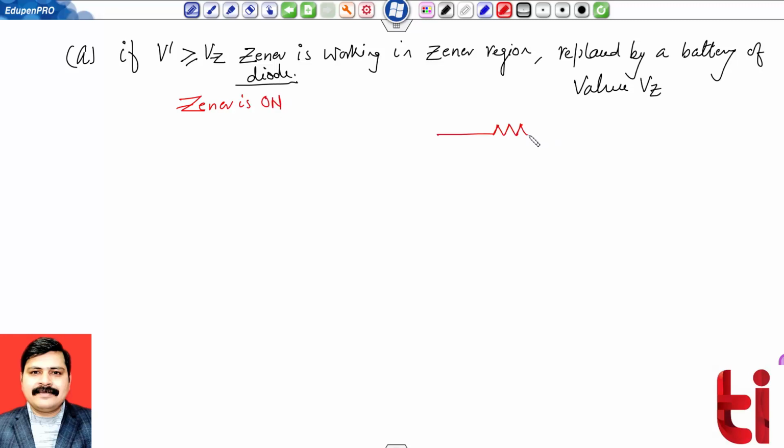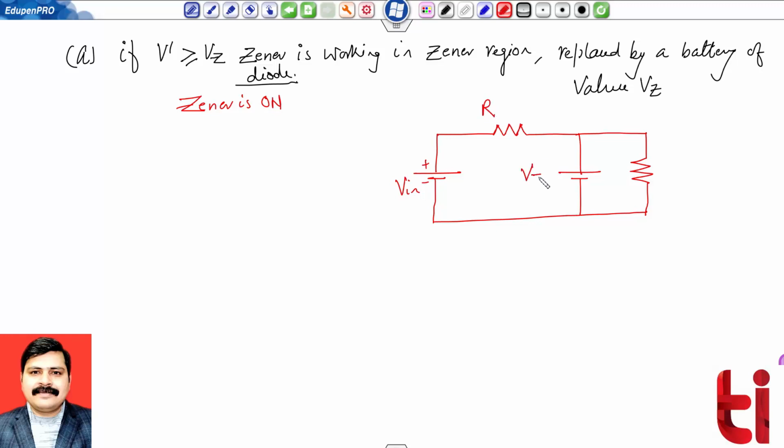So that is my series resistance, Zener is on with a battery, load resistance, supply input V in. This is my R and this is my Vz now, and this is my load resistance RL.